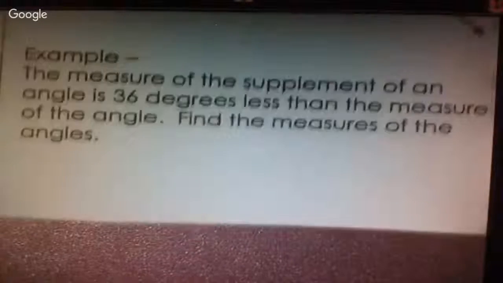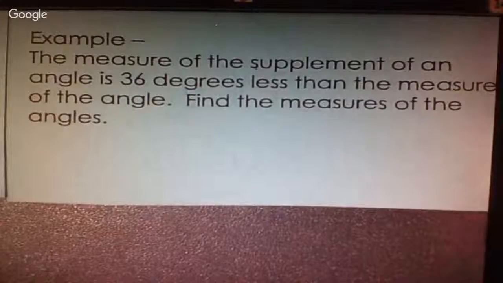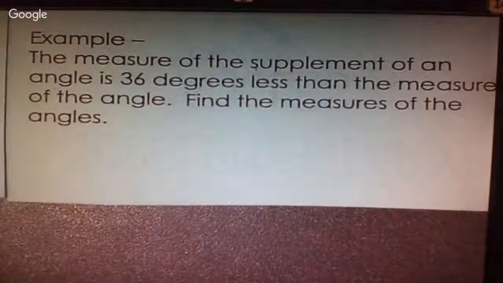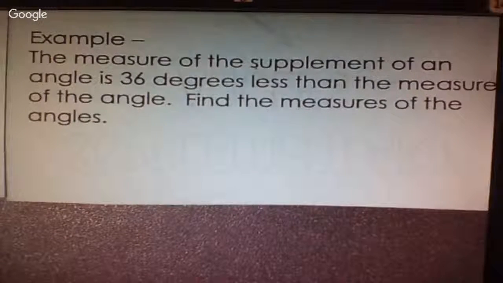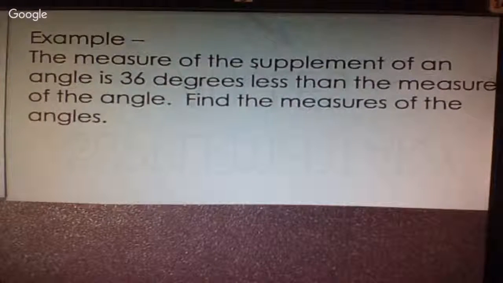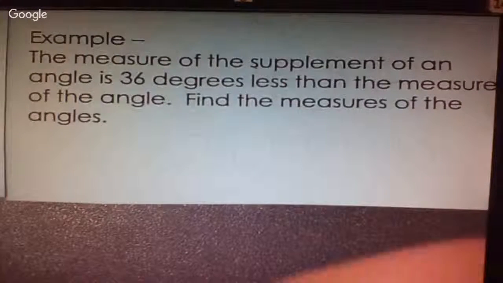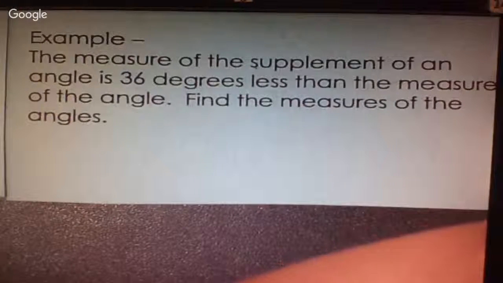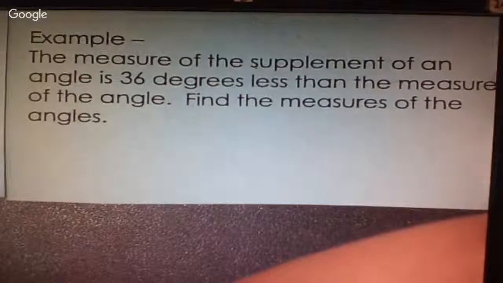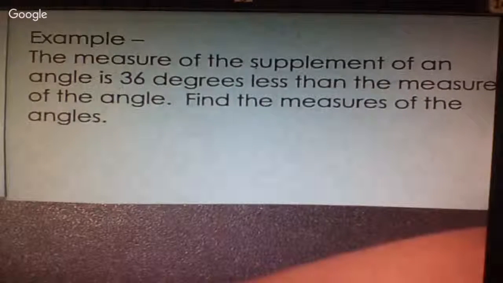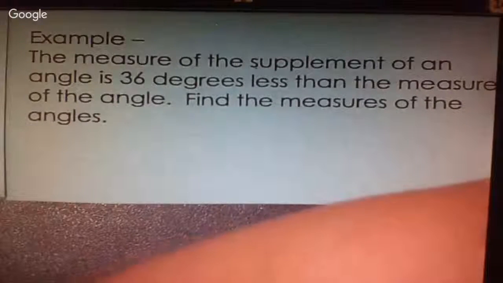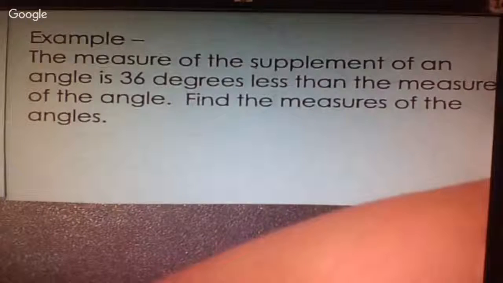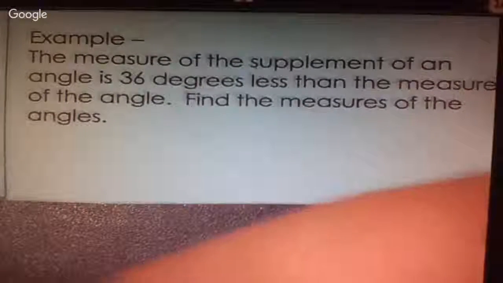Let's see what we can do with this. The measure of a supplement of an angle is 36 degrees less than the measure of the angle. So one of your angles needs to be a variable.